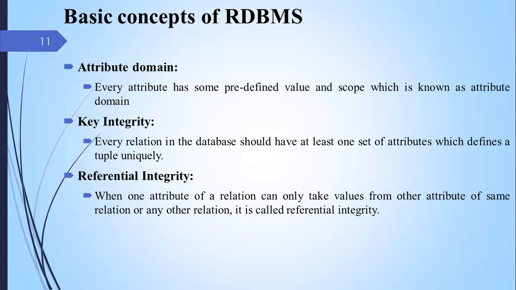Looking at it till now, I would like to summarize this particular slide. This is the first topic in the relational database management system. In this basic concept of the RDBMS, we have seen that RDBMS is a relation between databases. It is used to show the relation between two databases.